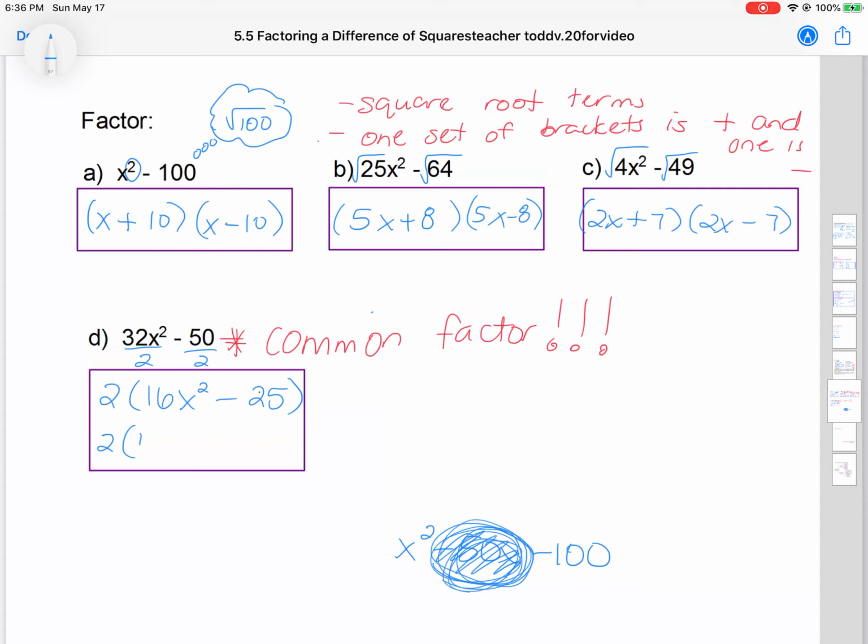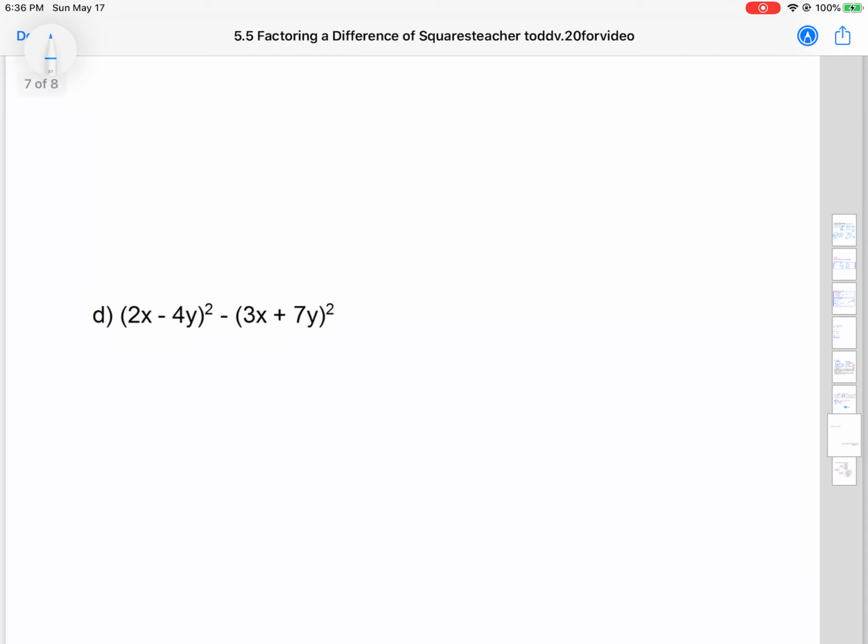Now, are these both factorable? Yes. So square root of 16x squared is 4x. Square root of 25 is 5. One of them plus and one of them minus. Okay, so you're looking for that unique binomial here with no b term. But again, for the hardest ones you have to common factor first.